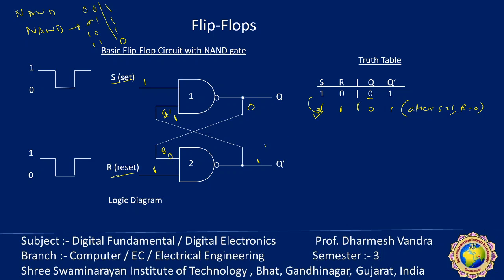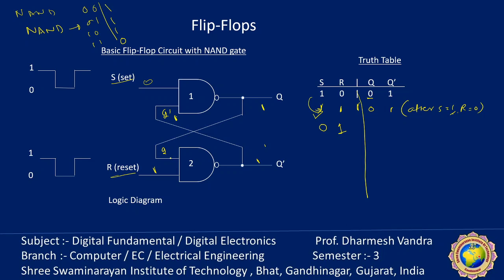Now set changes to 0 and reset remains 1. So reset is 1 and set is changed to 0. If any one input is 0, the output will become 1.